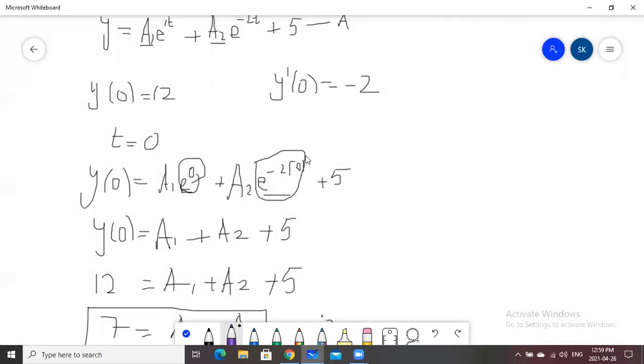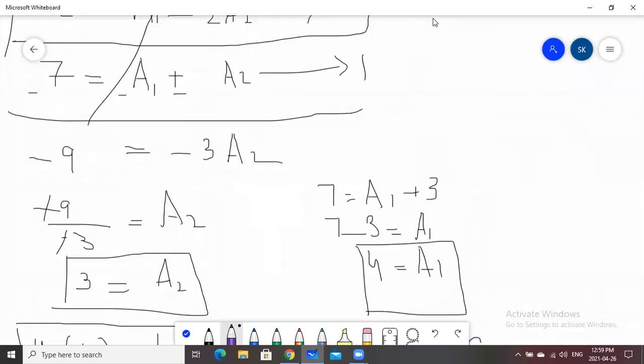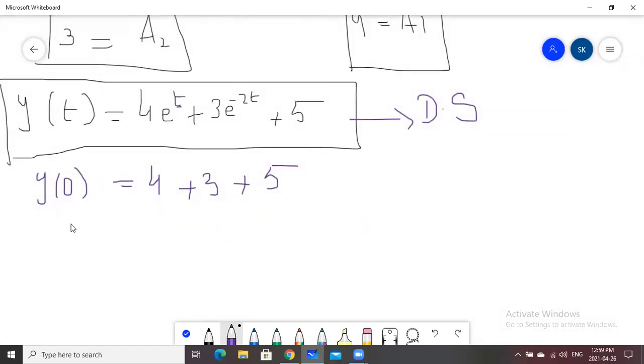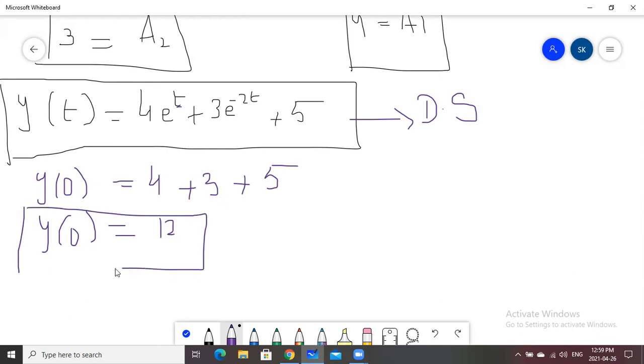When we were starting this question, we said that y of 0 is equal to 12. We have now proved it, because y of 0 is 4 plus 3 is 7, and 7 plus 5 is equal to 12. Hence, it is proved that y of 0 is equal to 12.